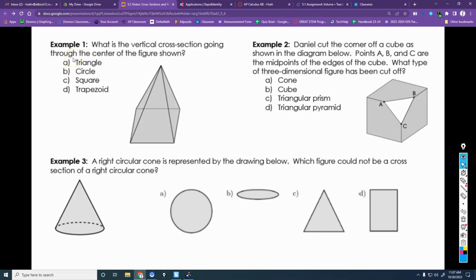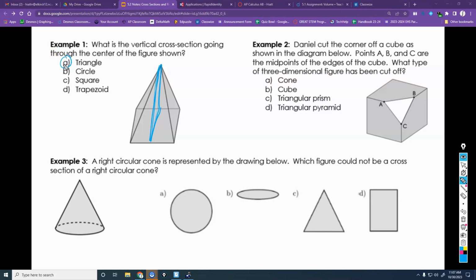I think there can be two answers to this, actually. If we cut this straight down the middle, it'd give us something like this. And I agree you would get a triangle there. So triangle definitely can be an answer.